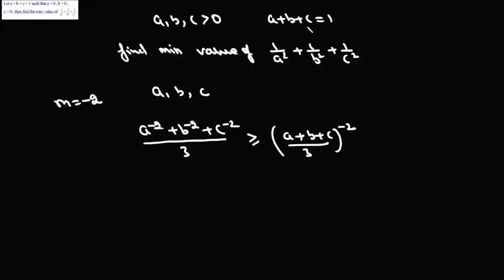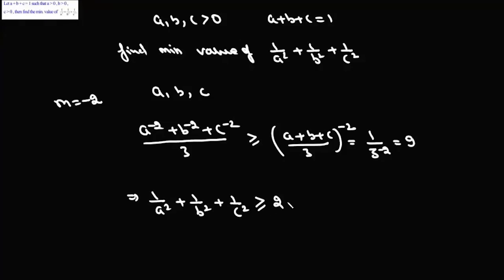Now it is given that a plus b plus c is 1. So it will be 1 upon 3 to the power minus 2, which is 9. So from here we can write 1 upon a square plus 1 upon b square plus 1 upon c square will be greater than or equal to 27. So minimum value of this expression is 27, and that is the answer to this question.